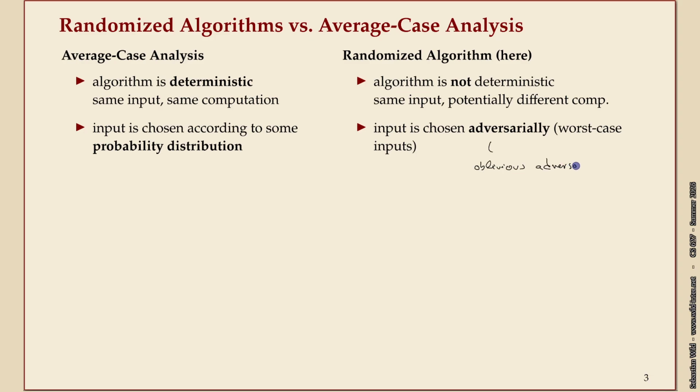it might be useful to say here explicitly that, because that term is also used sometimes, the adversary we imagine here is oblivious to our random bits. The person choosing the worst case input doesn't know what random bits we have. It's kind of logical because they're random, right? So how could they know them? But in theory, you could imagine that someone also can look at your random bits.